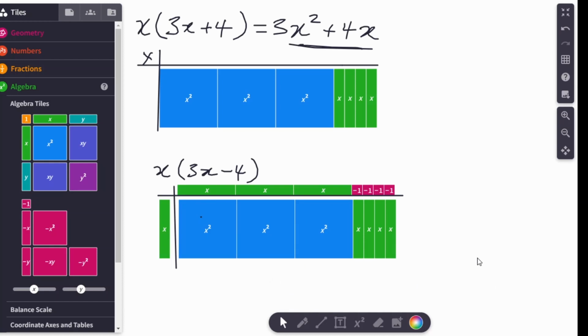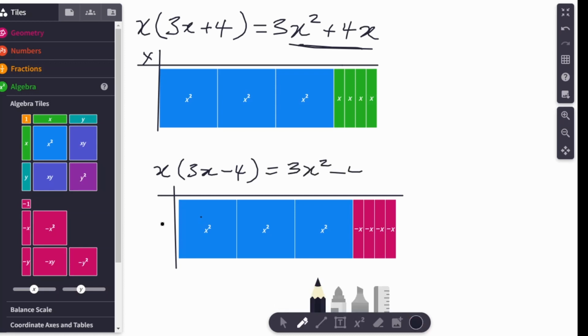Right, so this is the model, and each of the x's here multiplying the x here gives us x squared. And then look at here, each of the -1 multiplying the x here gives us -x. So all we need to do is to negate this for x to give us -x. And then let's not forget to remove the outer tiles. And from what we have here, the answer is going to be 3x squared minus 4x.